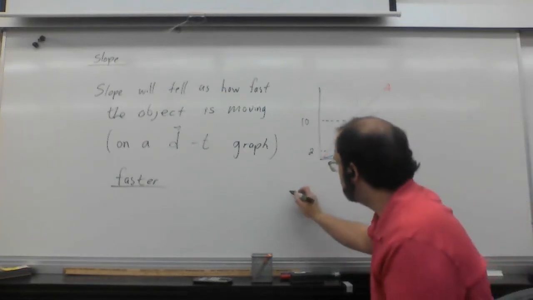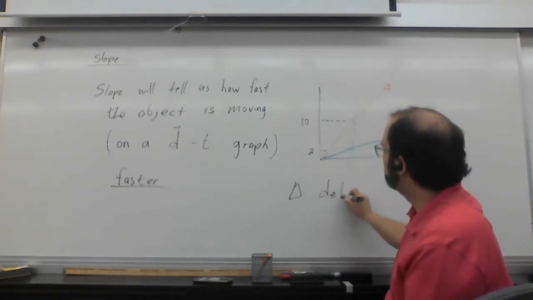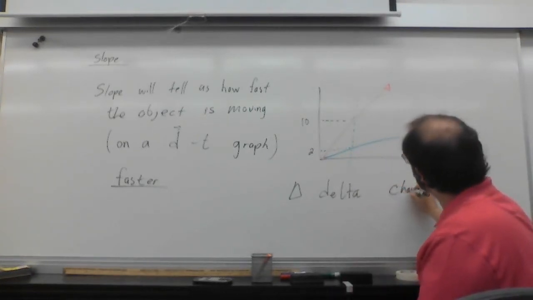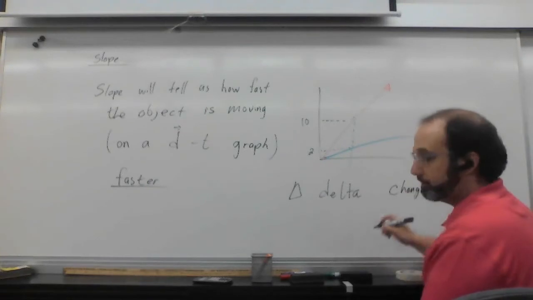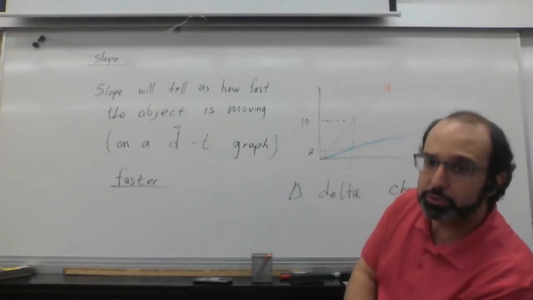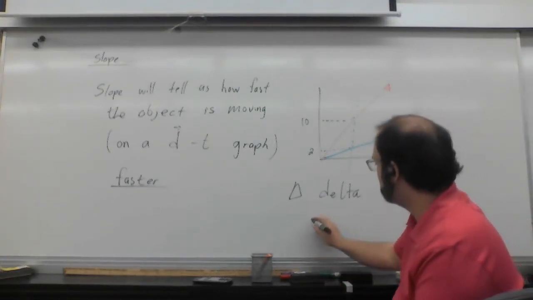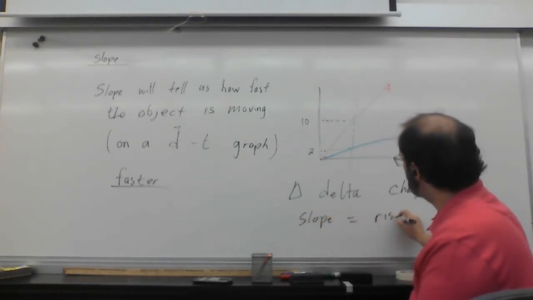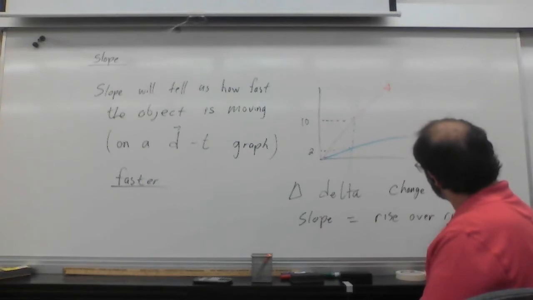Now, a reminder. The Greek symbol triangle is called delta, right? And it means change in. Now, the slope, you may remember, has been called rise over run.